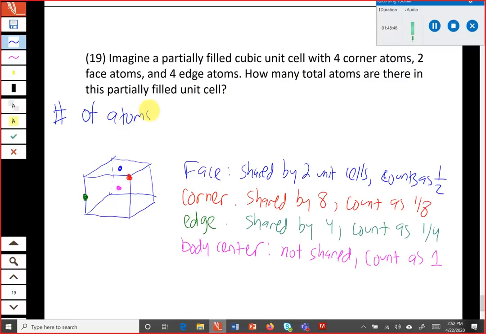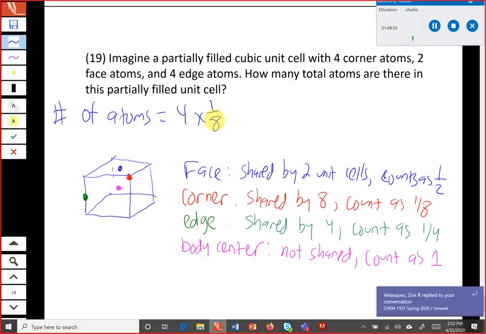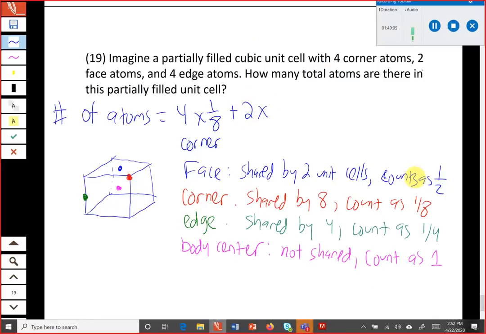So the number of atoms is going to be, we have 4 corner atoms, and each of those, as we said down here, counts as 1/8. We have 2 atoms on the faces, and those each count as 1/2. Then we have 4 atoms on the edges, and those each count as 1/4.